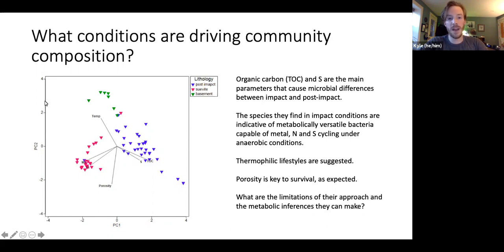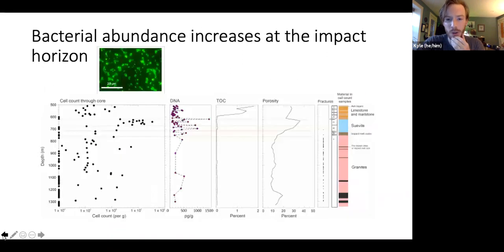I'm wondering if porosity is higher or lower above the impact. Oh yeah, maybe this is the key. Porosity is lower above the impact, in the post-impact sediment as well. So yeah, it's this sweet spot that enables the delivery of these compounds.